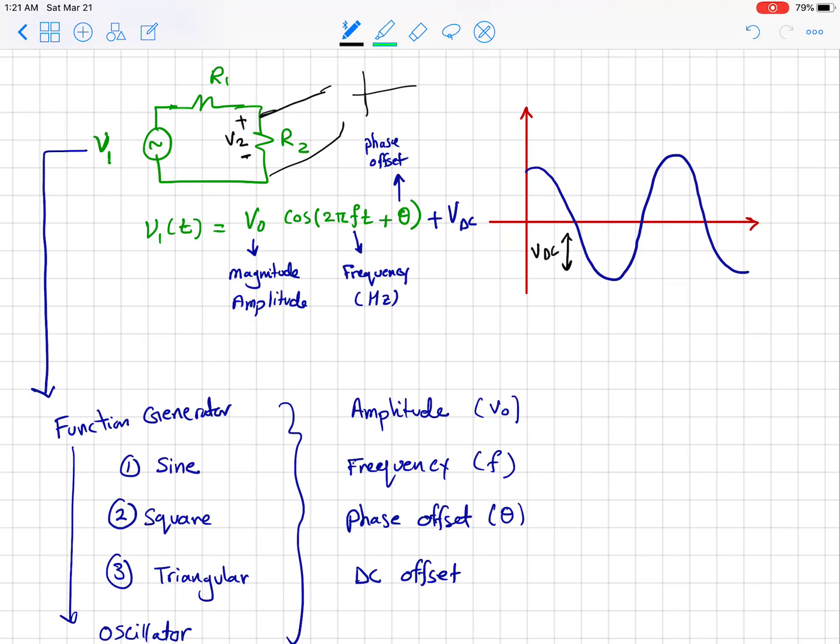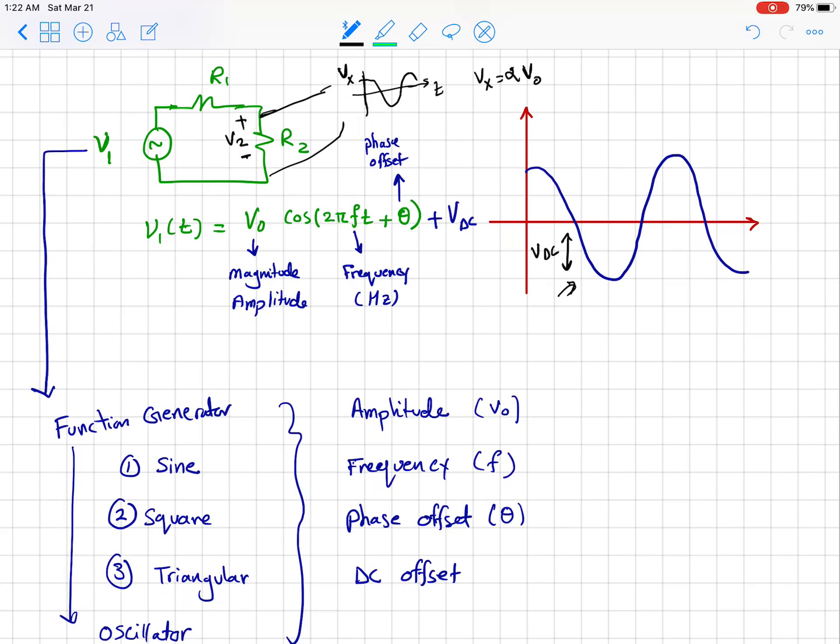Let me make sure that this one is the same as that function. So the voltage here will be something like this. The magnitude of that, let me call it Vx. Vx is a constant, or let me call it alpha, a scaling factor, multiplied by V0.